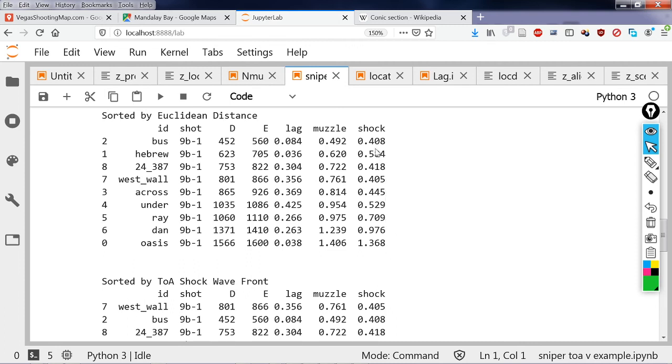So, if we sort on Euclidean distance, then the shock waves don't necessarily follow that order. And that's because, as I explained earlier, the shock wave arrival time consists of two components: the bullet time and the propagation time from the bullet path to the observer. And I didn't show you the entire formula because I wanted to make it simple, so I showed you simple examples.